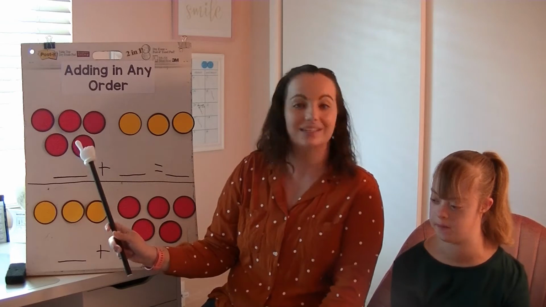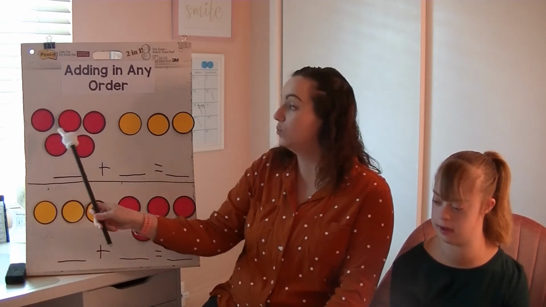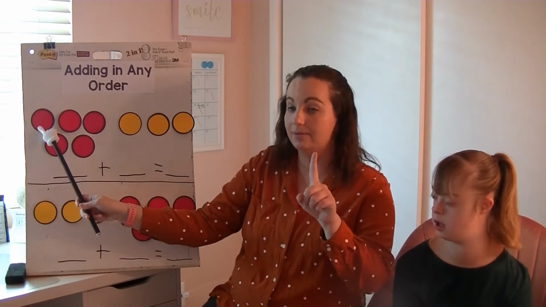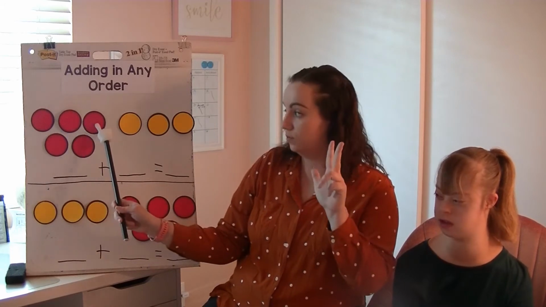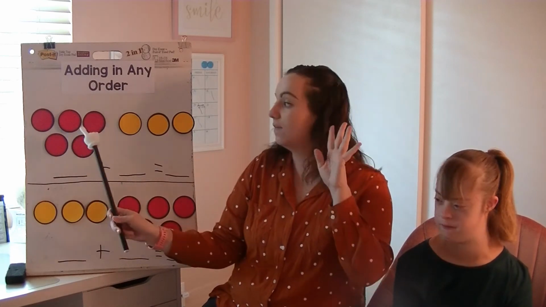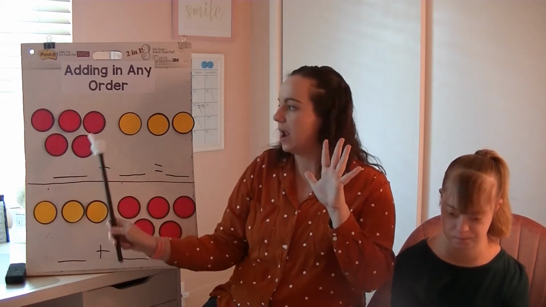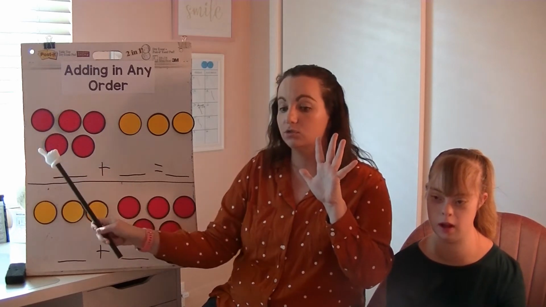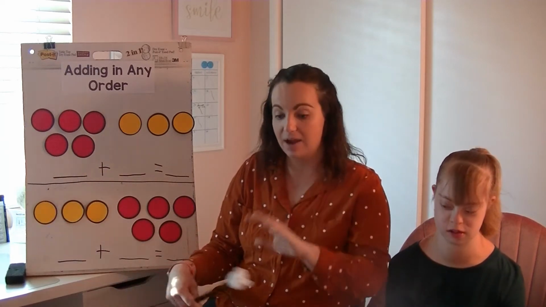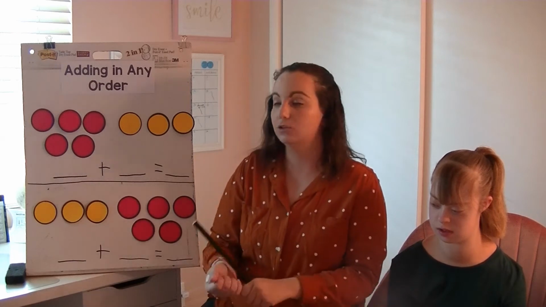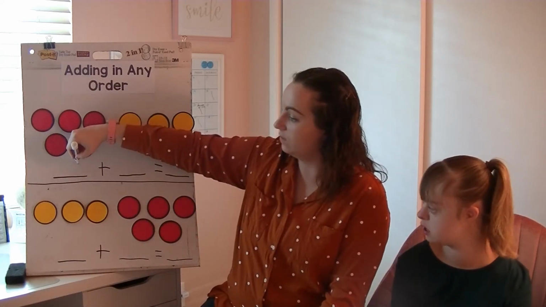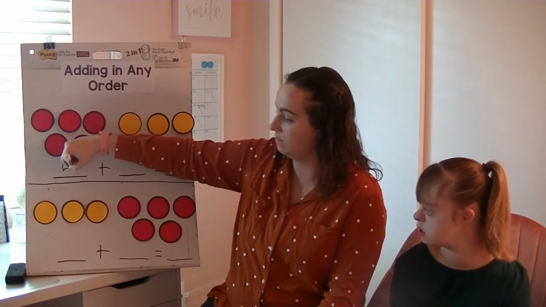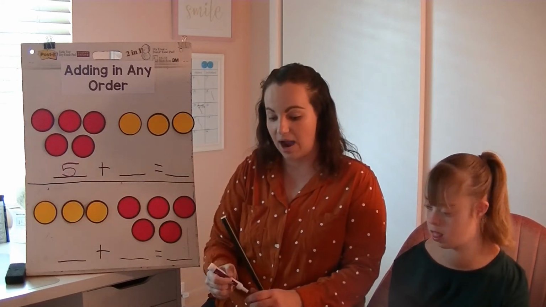Ready? Set. Count with me. 1, 2, 3, 4, 5. How many red counters do I have in this first group? I think 5. So you'll take your writing tool and write 5 on that first line, by the first group.